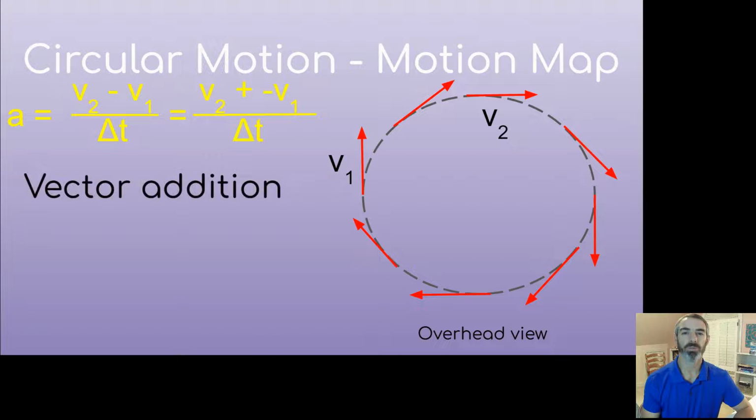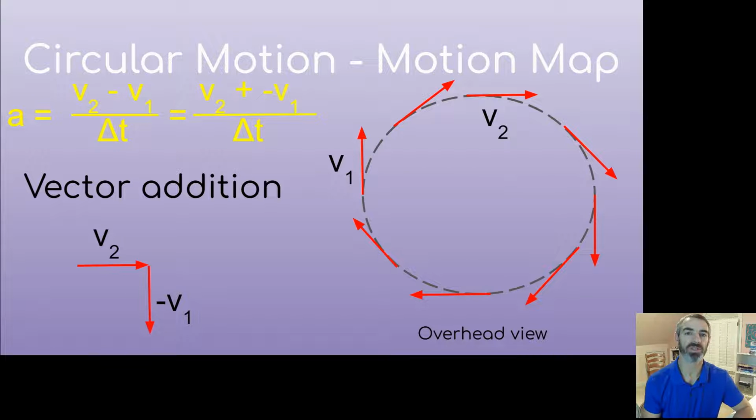Vector addition means that we're going to draw a picture of the vectors. We take the first one in our equation, which is v2, and reconstruct it off to the side. Then we have the negative of v1. The negative just means it's going to point the opposite direction. Now, to add vectors, a vector has two ends.